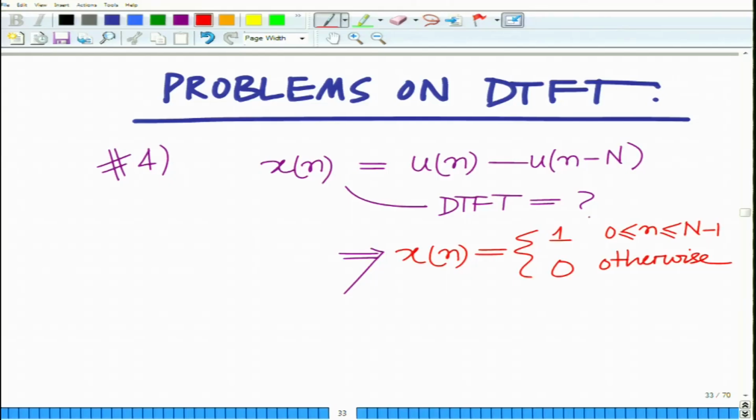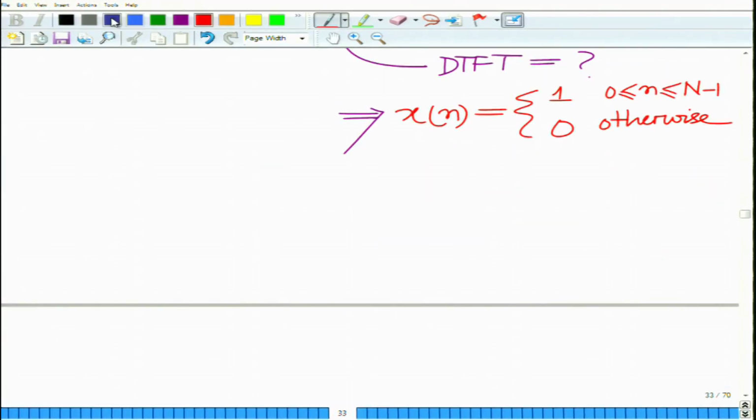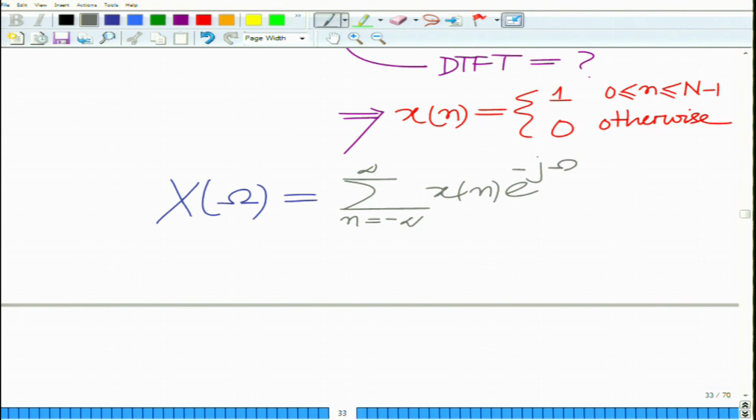Now if you find the DTFT, that is given as X of omega equals summation n equals minus infinity to infinity x n e raised to minus j omega n. Now, this is only non-zero from 0 to N minus 1, and in that window it is 1.